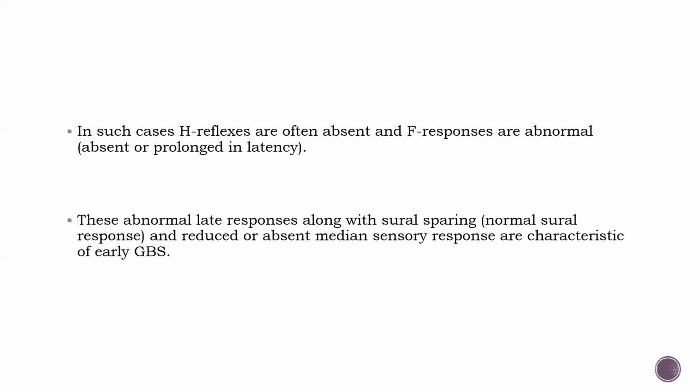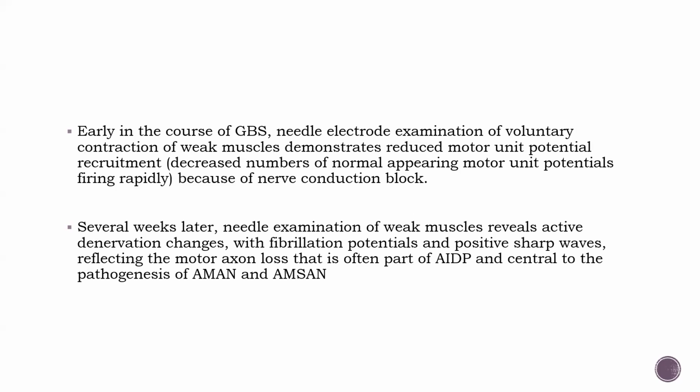Thus, these abnormal late responses, along with sural sparing and reduced or absent median sensory response, are characteristic of early GBS. Early in the course of GBS, needle electrode examination of voluntary contraction of weak muscle demonstrates reduced motor unit potential recruitment because of nerve conduction block.